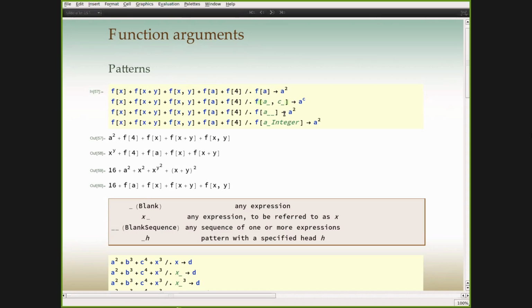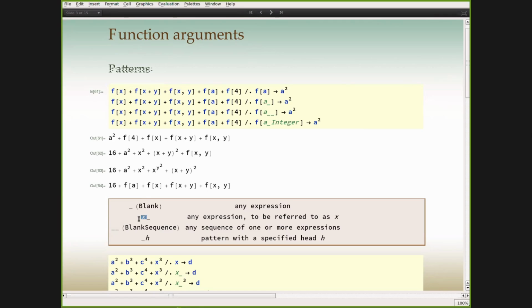But you can also do something else. Let's return to this original example, where you will use the double underscore. Double underscore means any sequence of one or more expressions. So single underscore is a single expression, which will be referred to, as you can see in this table, as you have named it.